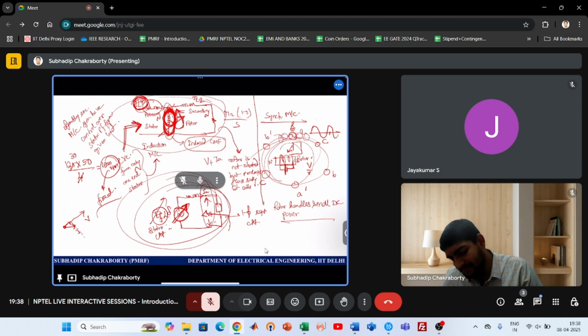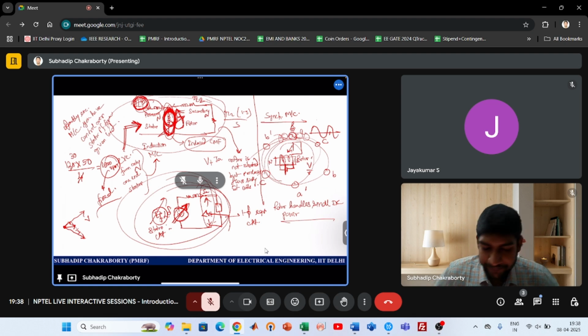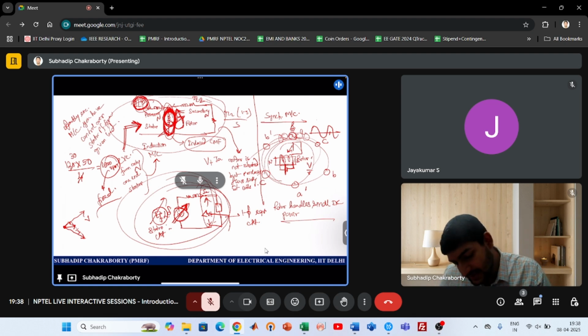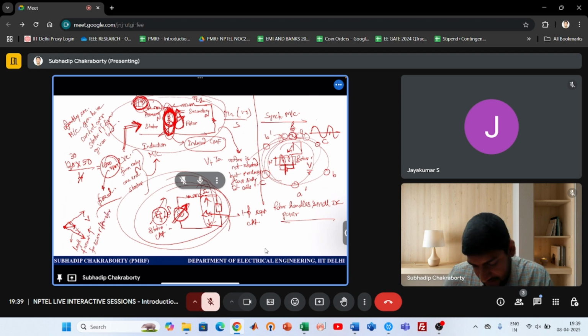Now, if I had a poor power factor for the same power I want to transfer, then my current would have looked like this, more lagging. Just see, the length of current increased for the same active power transfer at a poor power factor.